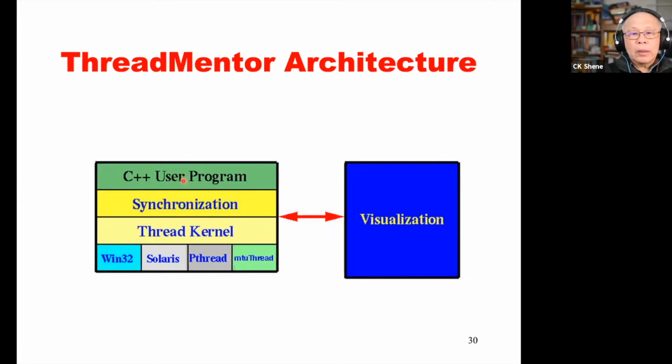So let's talk about the class library. Your program is here on the top level, and that is your C++ program. And then when you need any synchronization, for example, you have to pause the execution of a thread due to whatever reason until an event will happen sometime later.